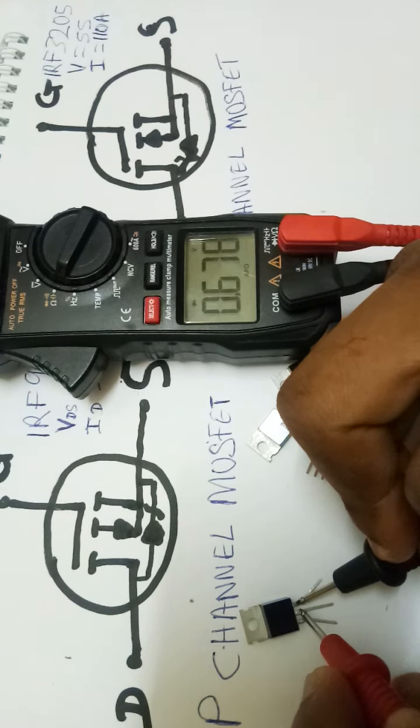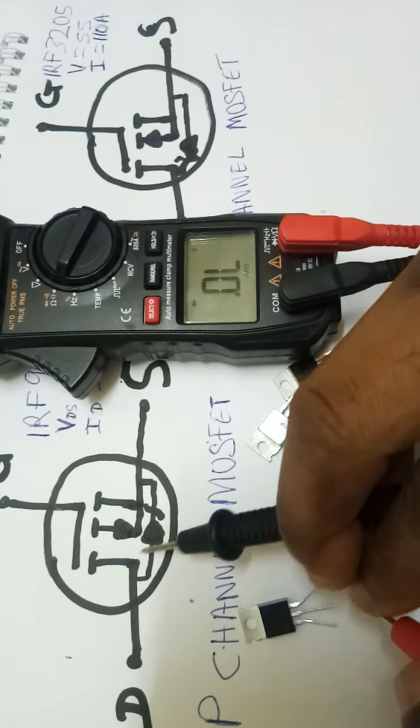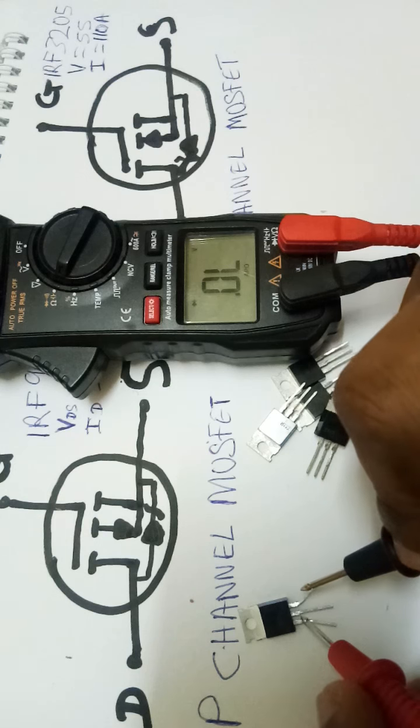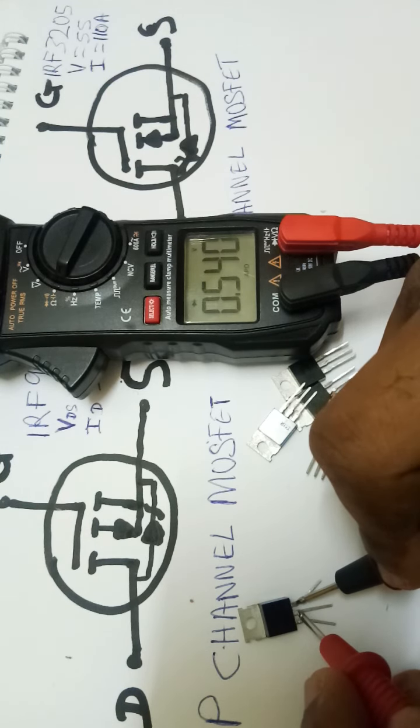So this diode is a P channel diode, because when I place the red probe on the drain and the black probe on the source, as indicated in this diagram, it showed accurate reading. That means it is a P channel diode. It is a P channel MOSFET.